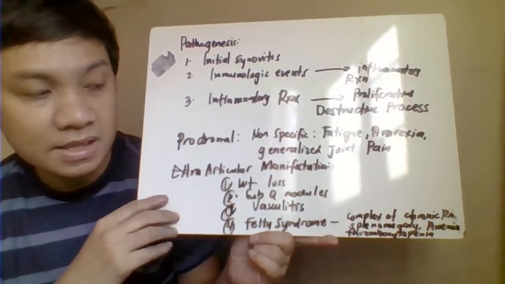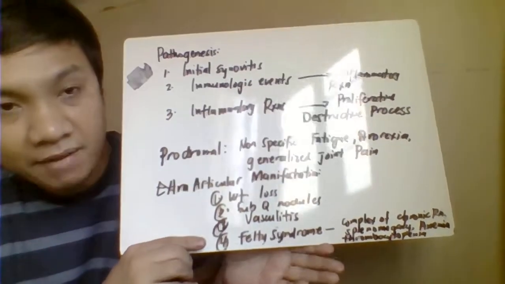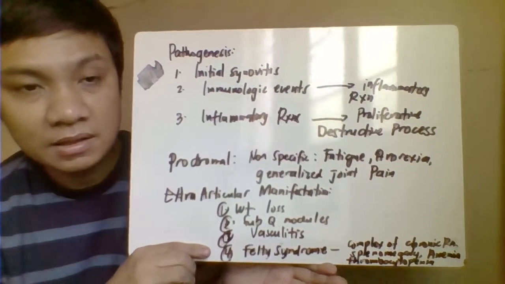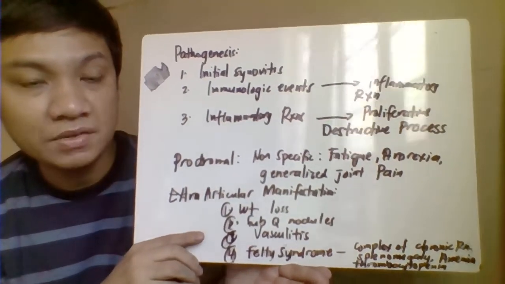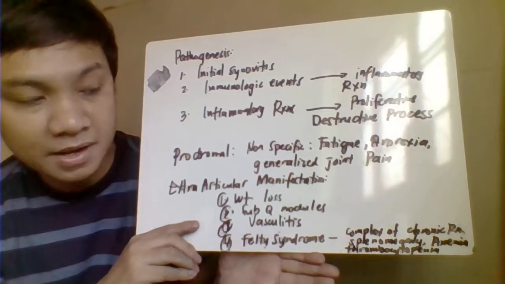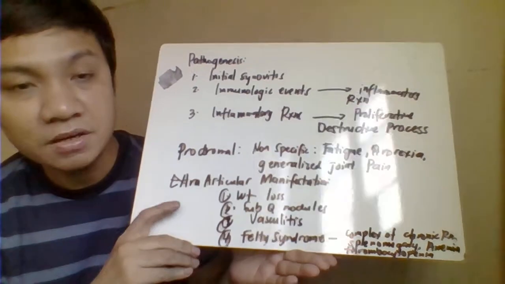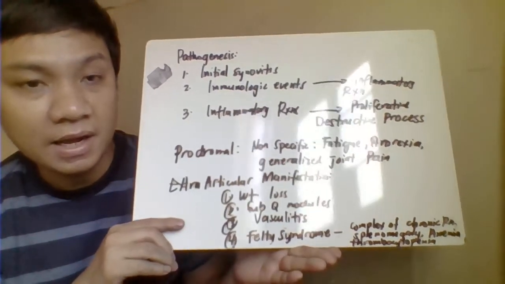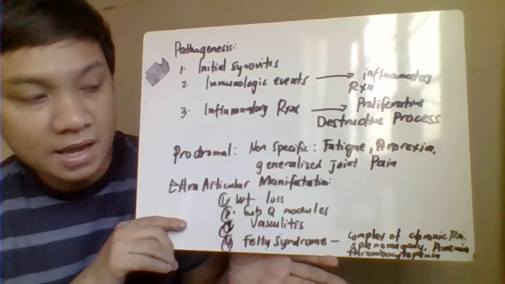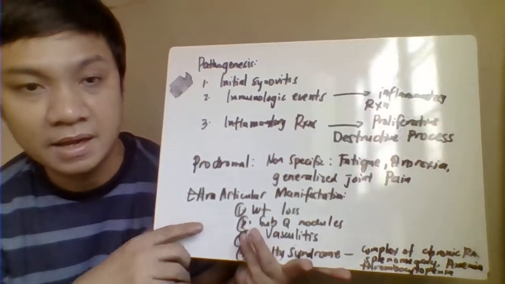We have also vasculitis and the typical Felty syndrome. The Felty syndrome is a manifestation of the RA characterized by a complex of chronic RA with a combination of your splenomegaly, your anemia, your thrombocytopenia, and we have also here your neutropenia.